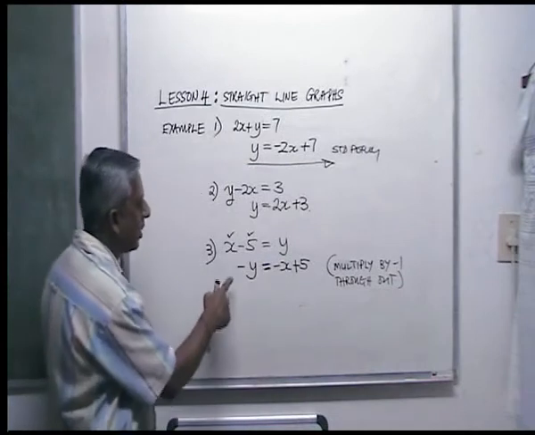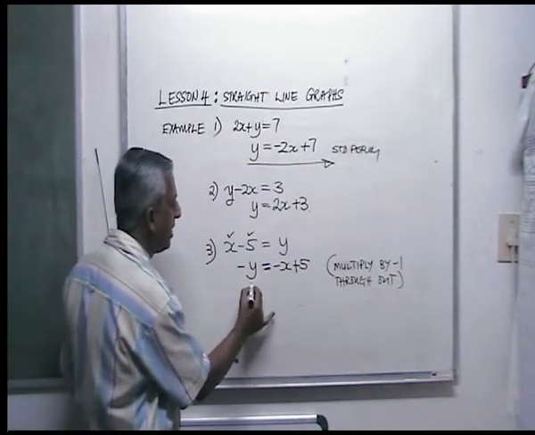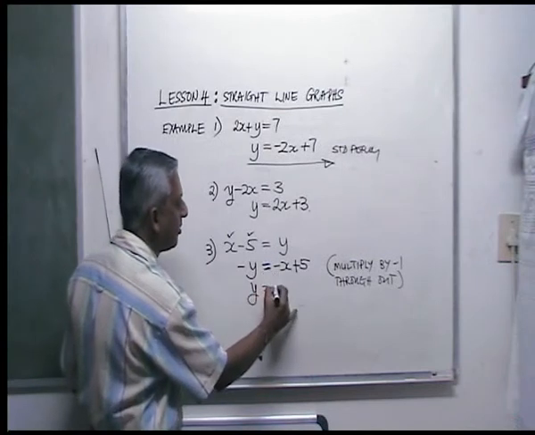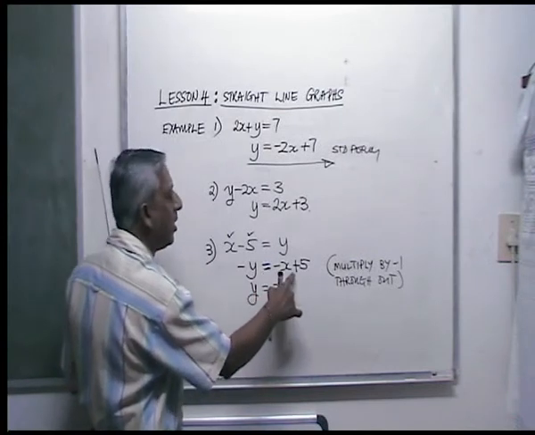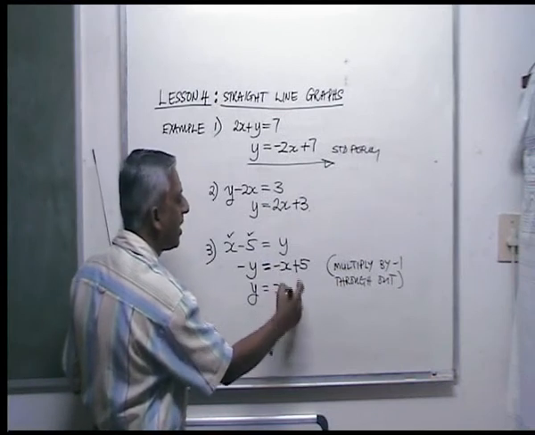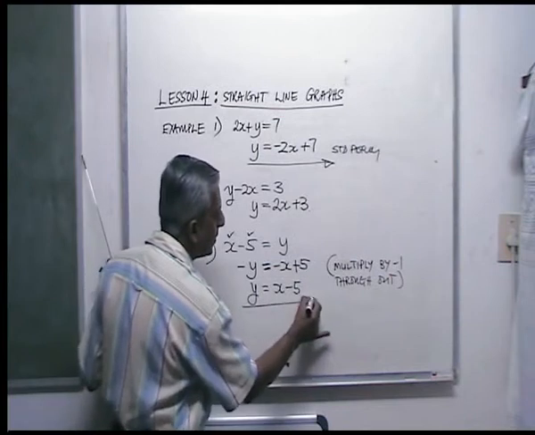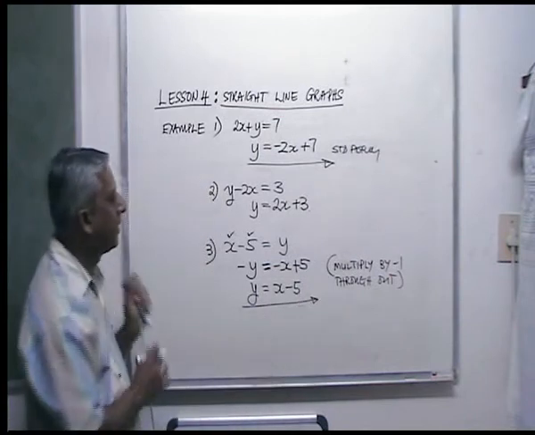So if I multiply by minus 1 throughout, minus 1 times y will give me plus y. Minus 1 times x will give me plus x. Minus 1 times 5 will give me minus 5. And it is now in standard form.